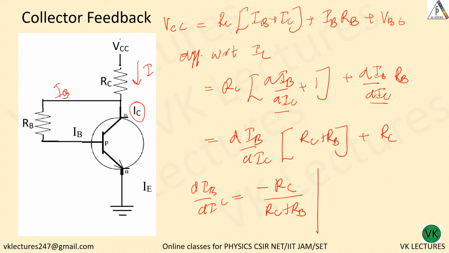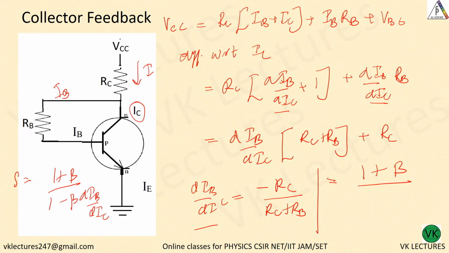Now we have the stability factor equation. S is equal to 1 plus beta divided by 1 minus beta into dIB by dIC. Just substitute this dIB by dIC in this equation. So what you are getting is 1 plus beta divided by 1 plus beta into RC divided by RC plus RB.